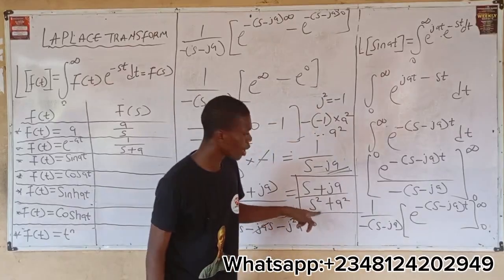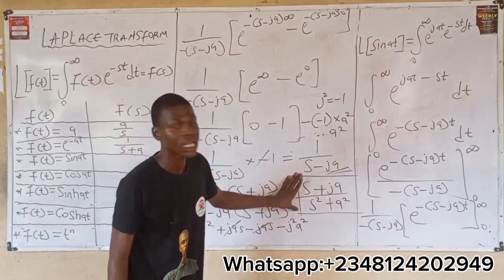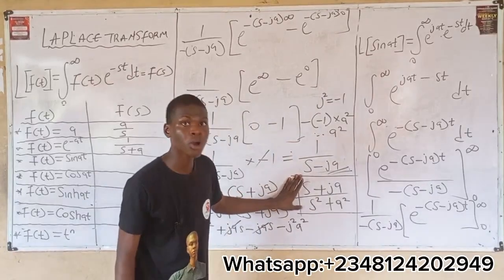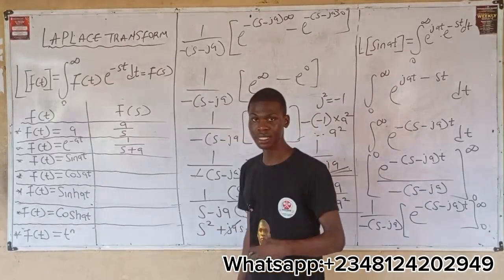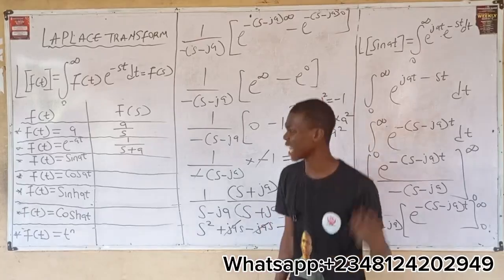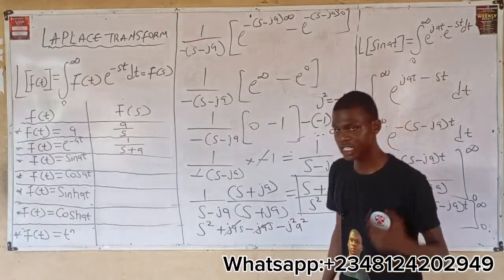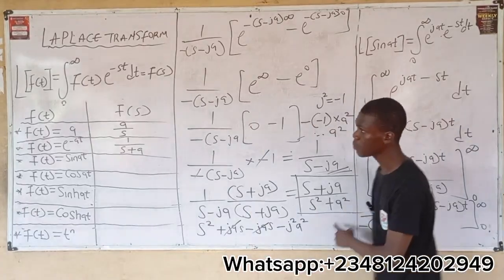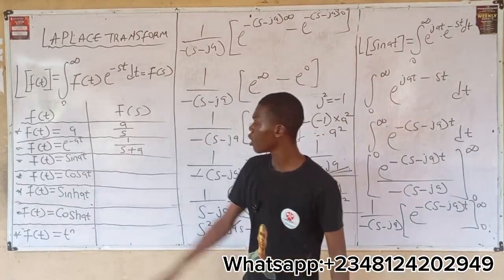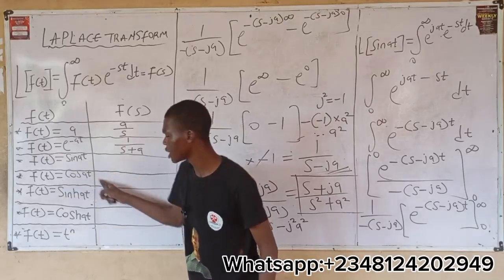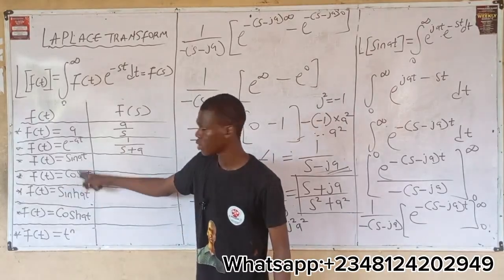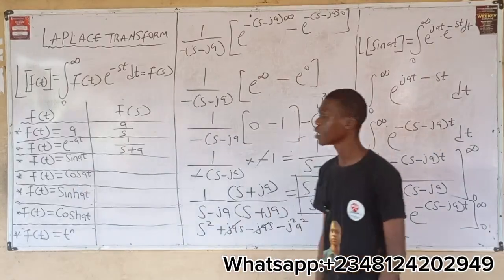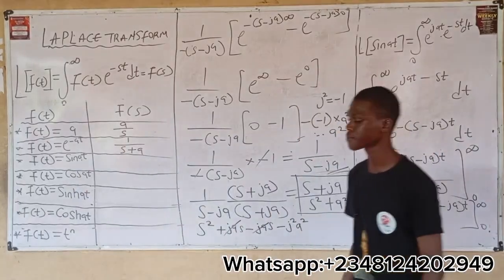Now, up to this level, what you are seeing here is the Laplace transform of sine 80 when f of t is sine 80 and when f of t is cos 80. Meaning this function is the Laplace transform. Now, let's see how it works.